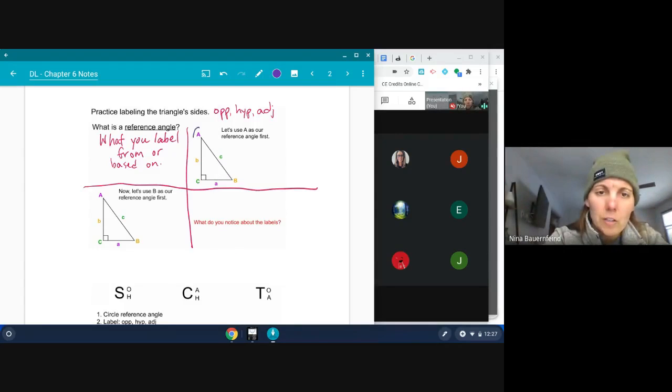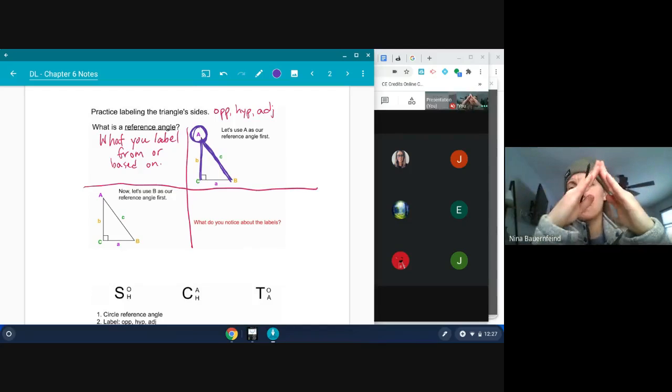We would circle A. This is what I do still, and I've been teaching for 10 or 11 years. I circle the reference angle, and then these 2 sides come off of it. Those 2 sides connect at the reference angle. Which side is not touching angle A?